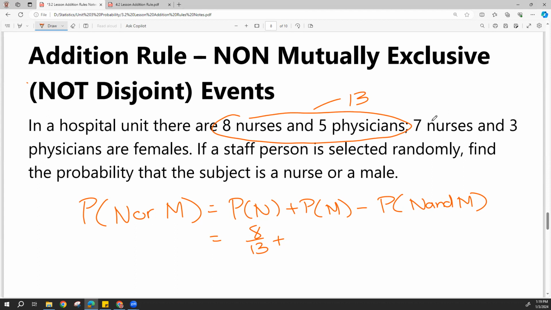My males, there are 3 males. Since we have 7 nurses and 3 physicians that are female, that leaves 3 left over that are males out of all 13.